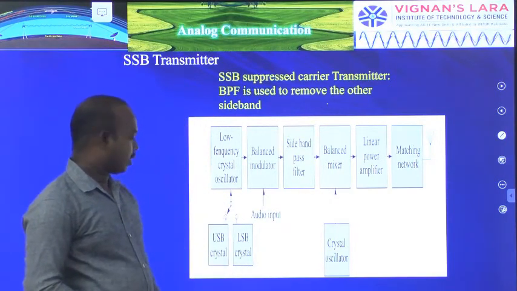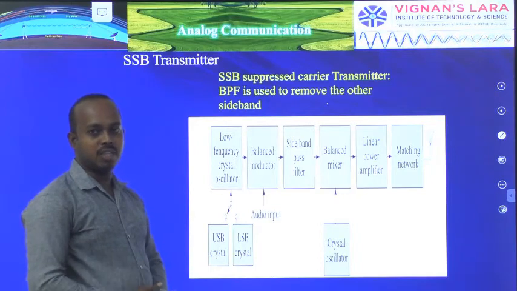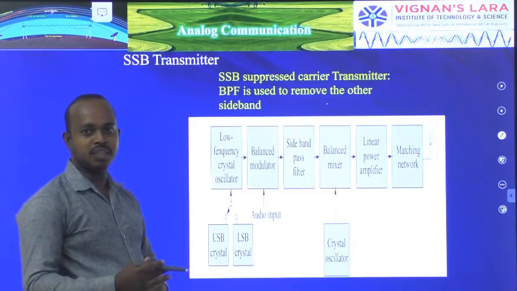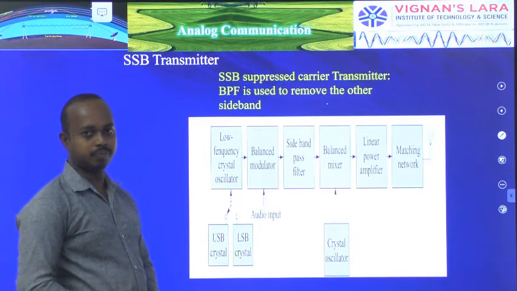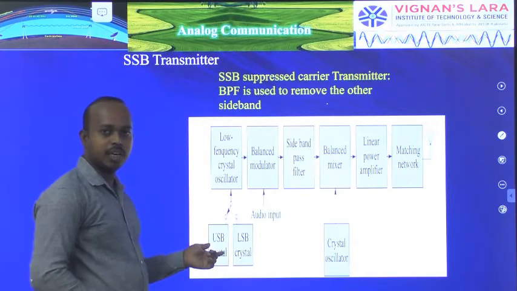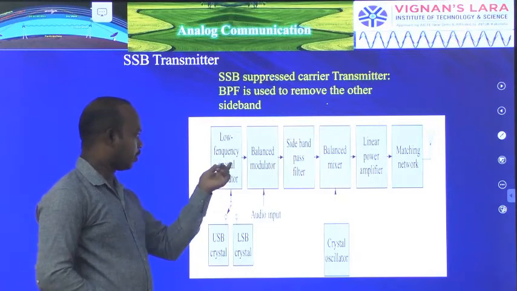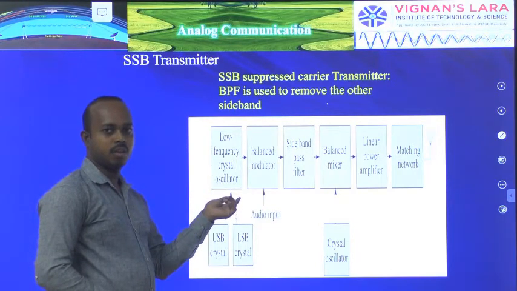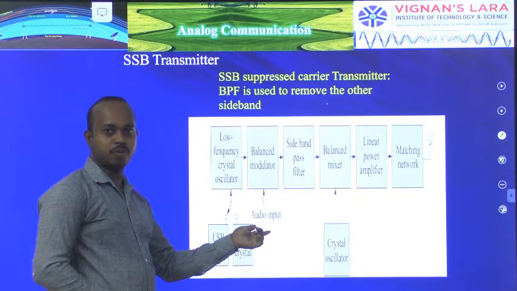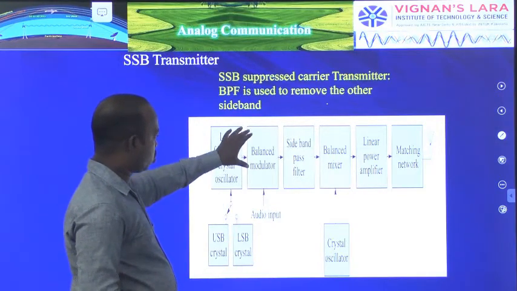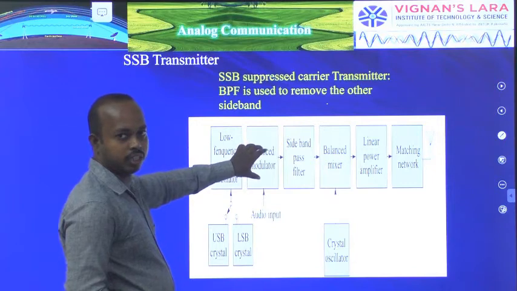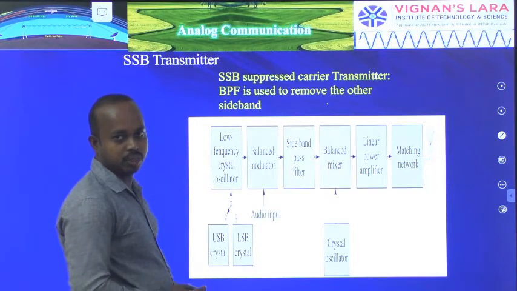Here we can minimize the power levels. We can split the carrier into upper side band and lower side band. The upper side band is connecting to the low frequency crystal oscillator, and it also takes the input from audio. These two, in the balance modulator, make the AM modulation.